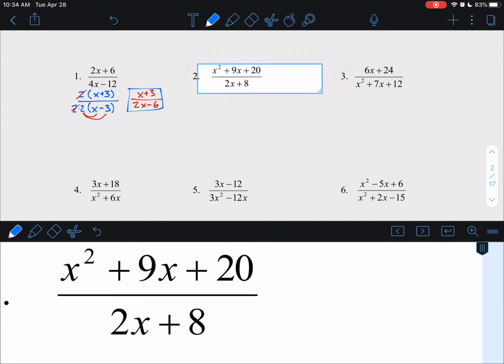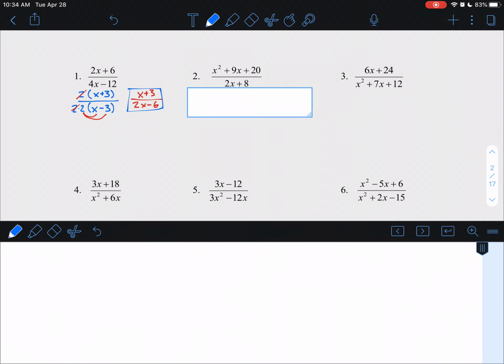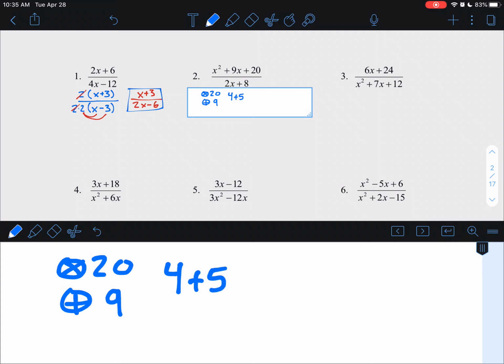So let's see, I got x squared plus 9x plus 20. And I want to find 2 factors of a times c that add up to b. Remember that? So I want 2 numbers that multiply to be 20 and add to be 9. So if I do that, the 2 numbers that multiply to be 20 but add to be 9 are going to be 4 and 5.